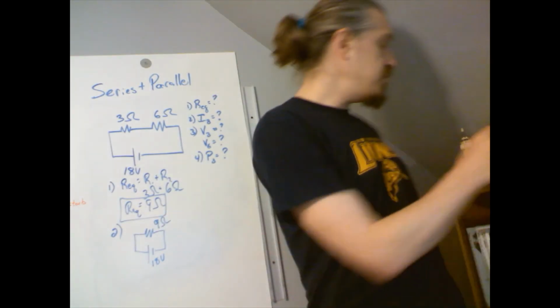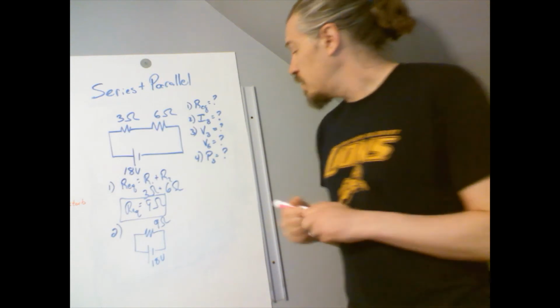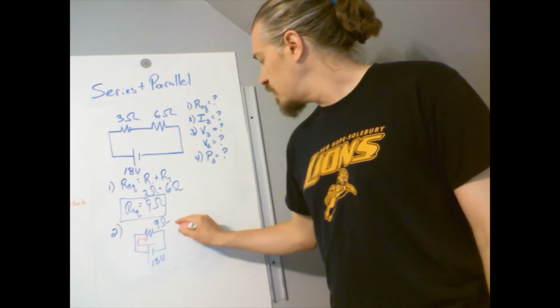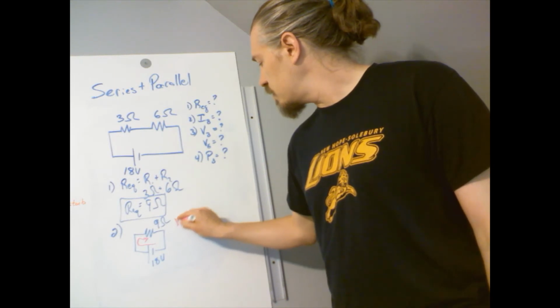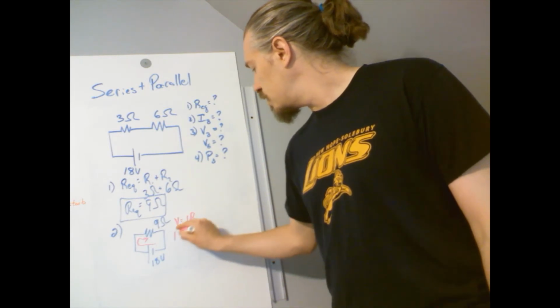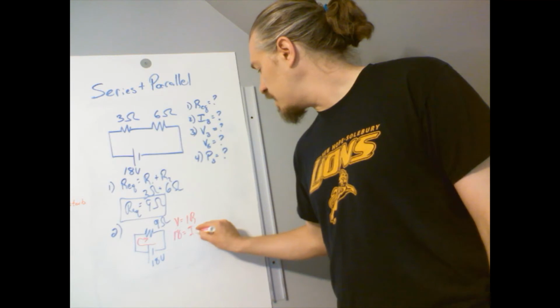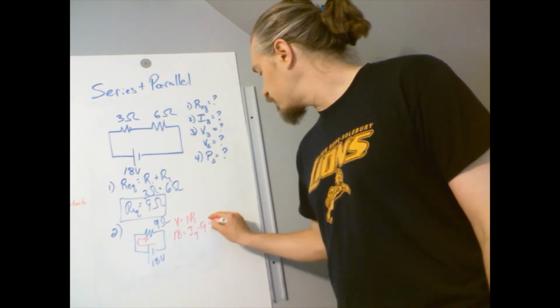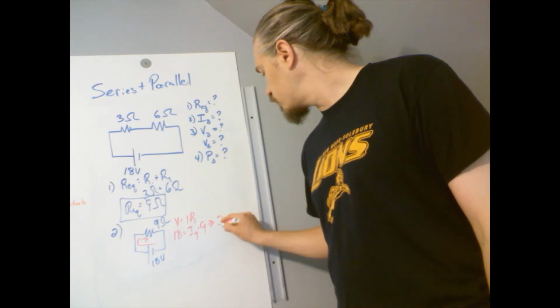So what I can do is say, what's the current to the 9 ohm resistor? Oh, V equals IR. 18 equals I times 9. I equals 2 amps.